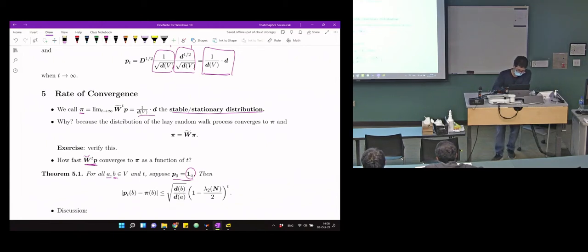The deviation depends on the degree, which is less important, but multiplied by this thing to the t. That's important. The point is that this is something exponential in t.